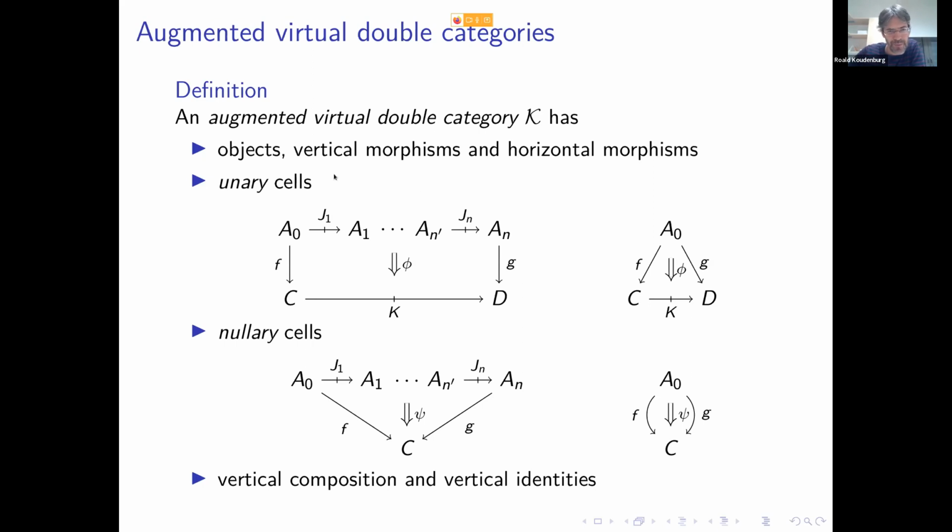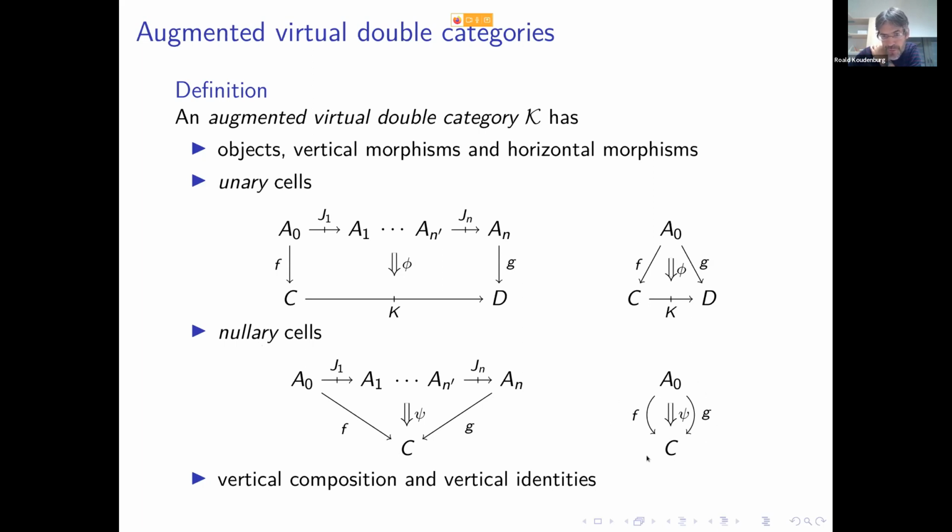So again, we have objects, two types of morphisms, unary cells, but now we also have nullary cells where the horizontal target is an empty path. It's just an object, right? And that includes cells like this on the right here, bottom right.